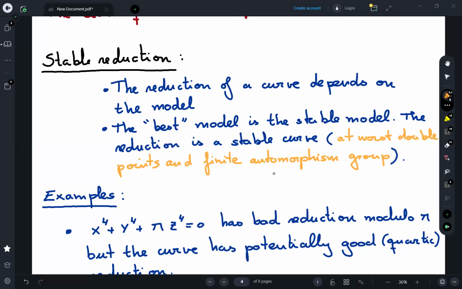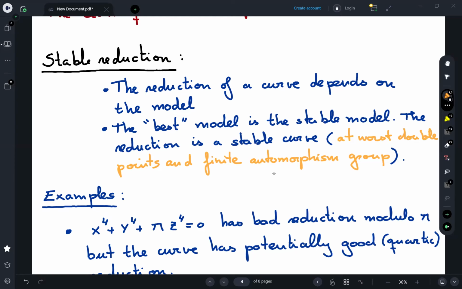The precise definition is that there is essentially a unique model for which the reduction is a stable curve. So what is a stable curve? It is a curve that is connected and at worst has double points as singularities.